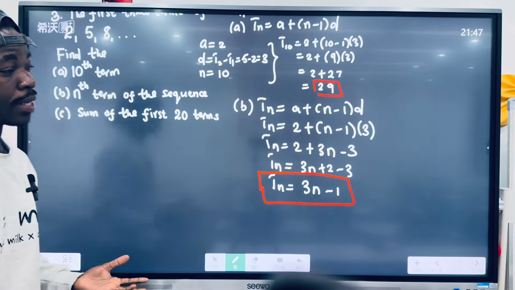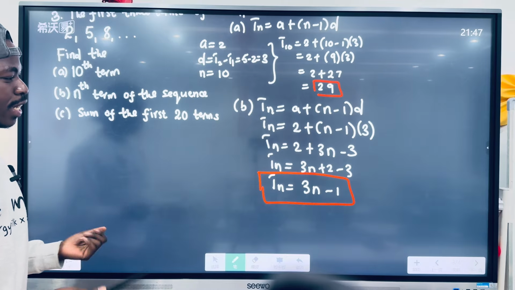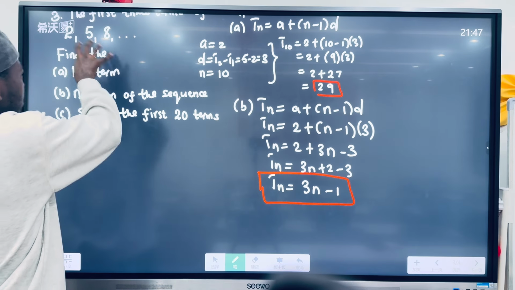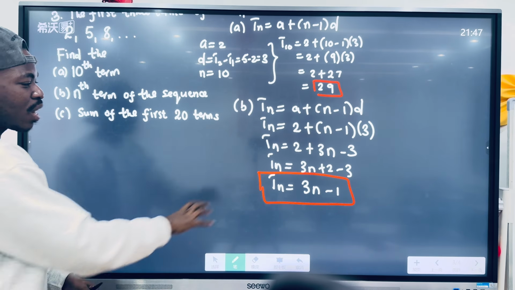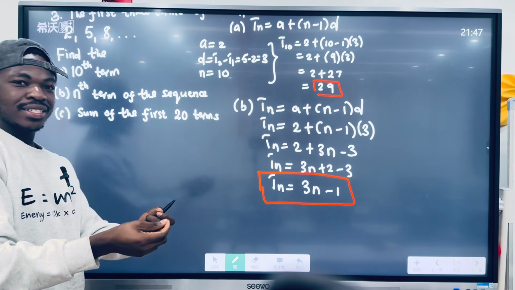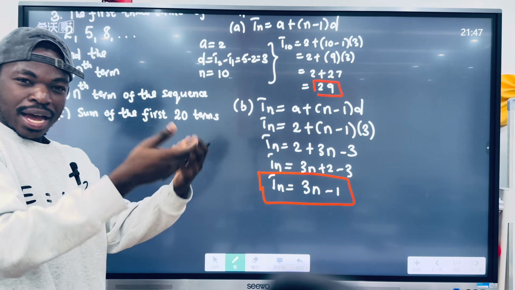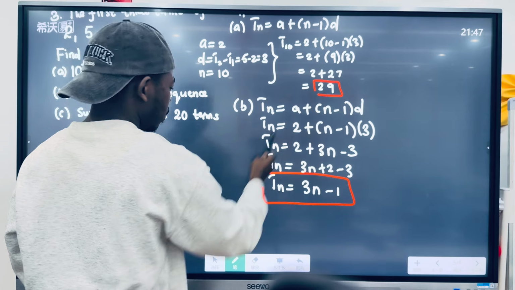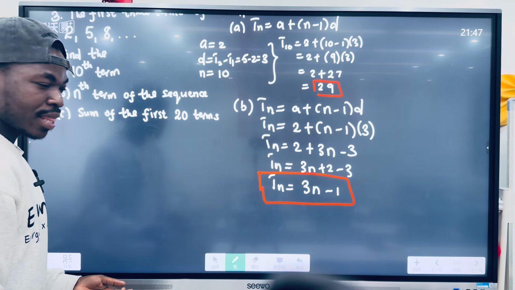That is how you answer it. But what does it mean? It means that this formula is only applicable to this sequence that we have. We can now use this formula to find any term at any position. For example, in the earlier question we had to find the 10th term.